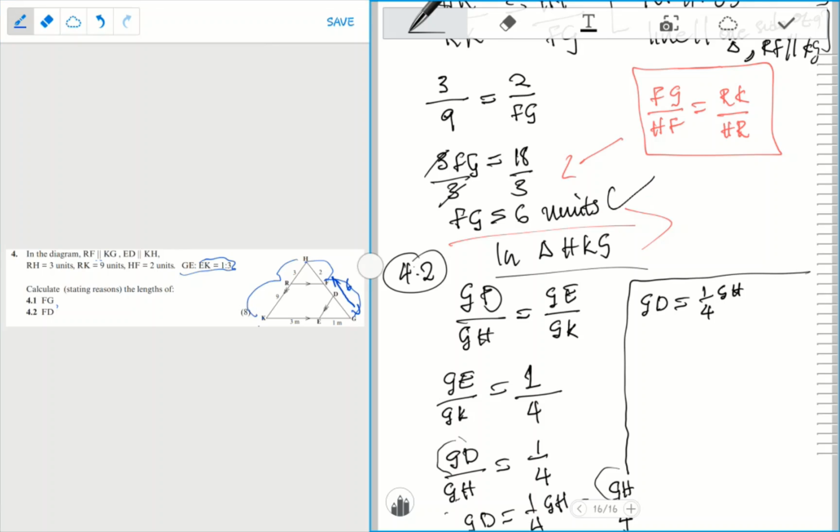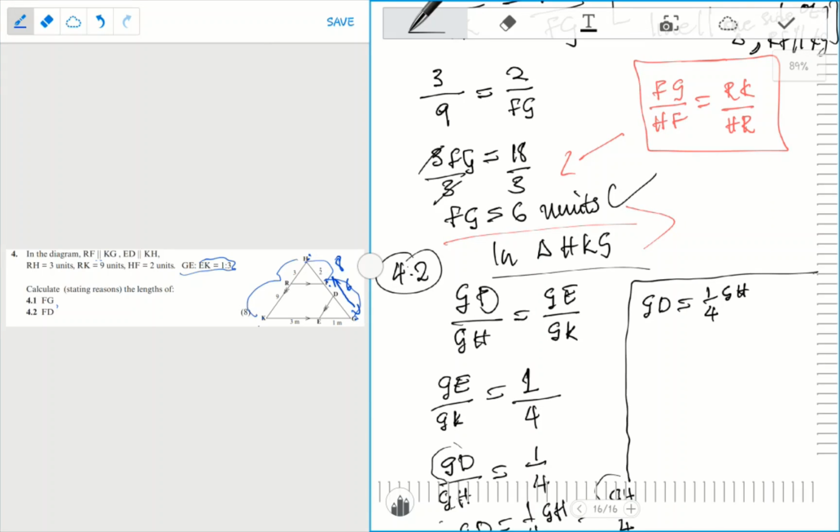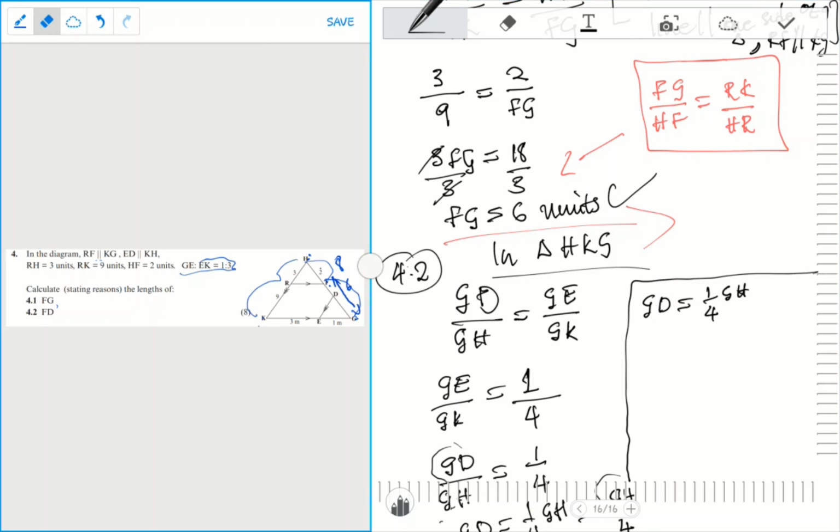As from here it's 6, and then we're saying this 6 from F and G plus this H and F, which gives that the distance from H and G is equals to 8 units. I hope I'm clear. Let me repeat myself.